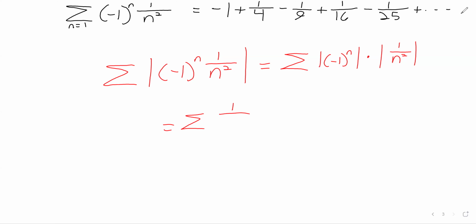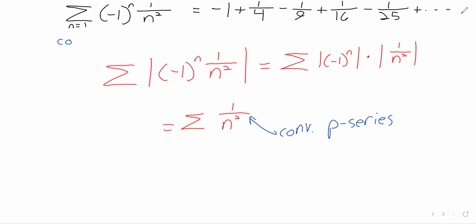And the absolute value of a positive number doesn't do anything, so we can get rid of those. And then 1 over n squared is a convergent p-series. So if we put absolute values there, the result converges.